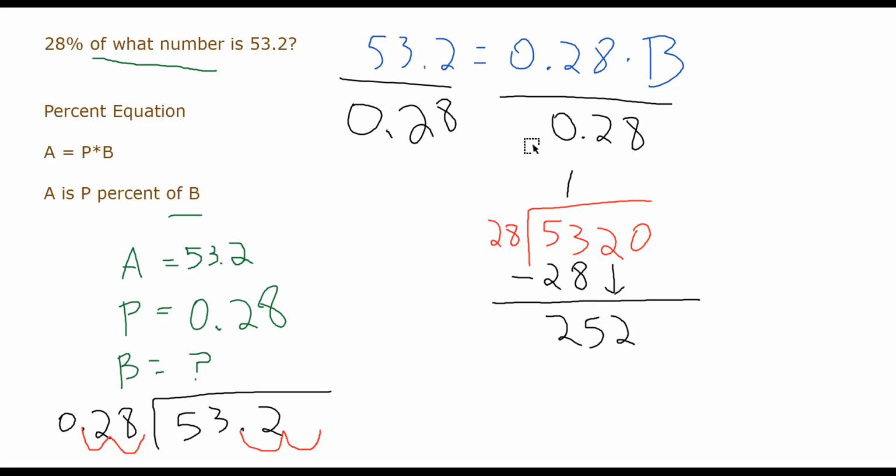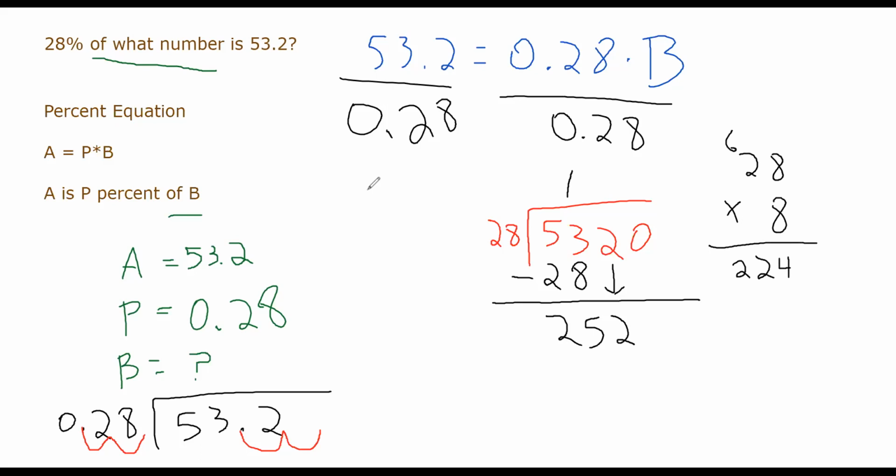So now 28 goes into 252 how many times? Let's try 8. I know 28 times 10 is 280, so I have to go closer to 10. 8 times 8 is 64, 8 times 2 is 16, 224. Okay, maybe we can go one larger than that.